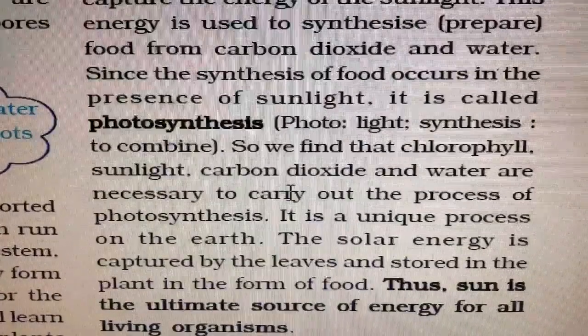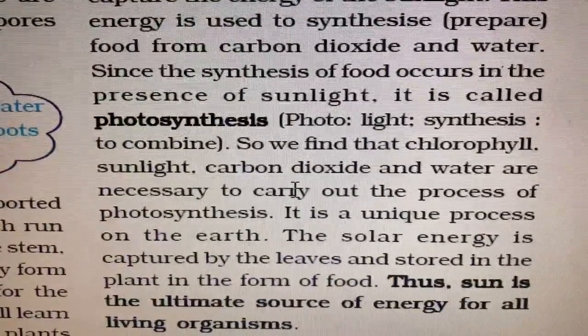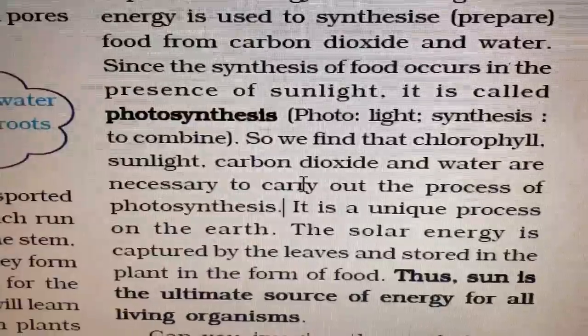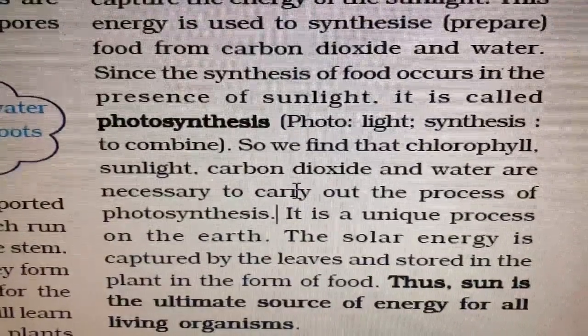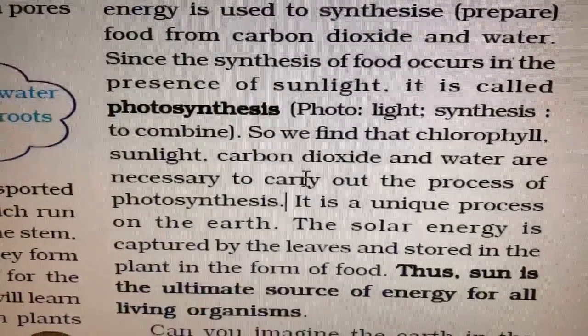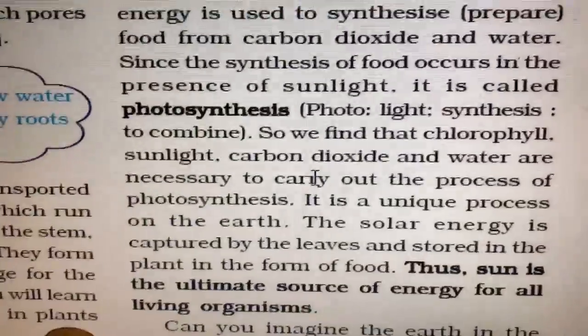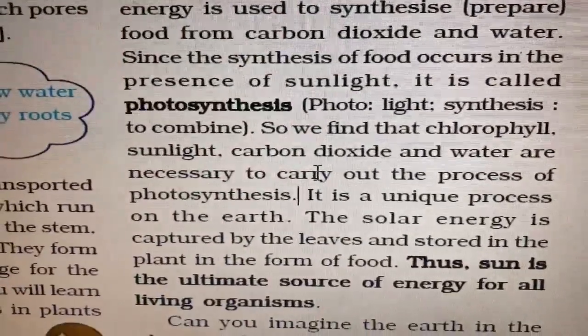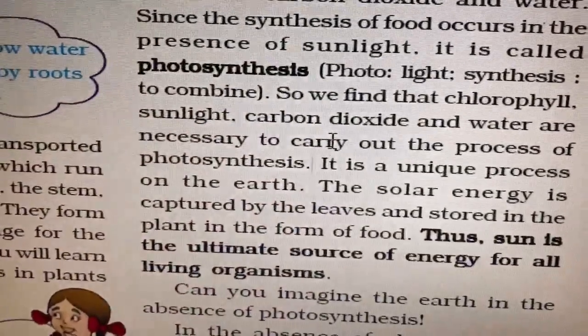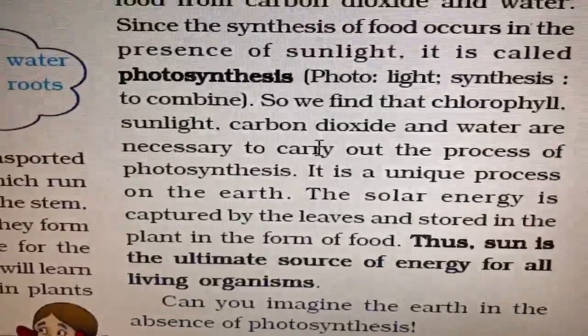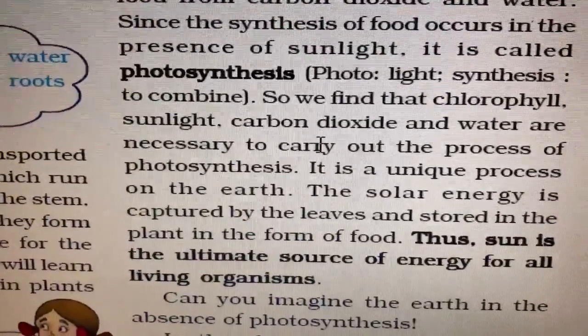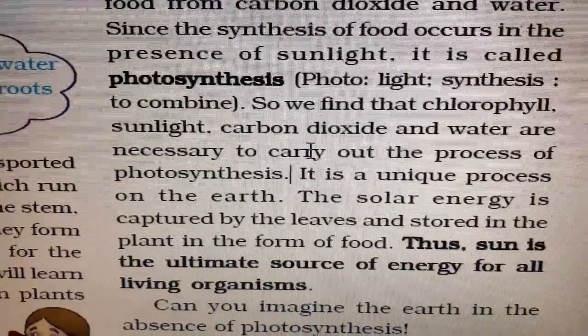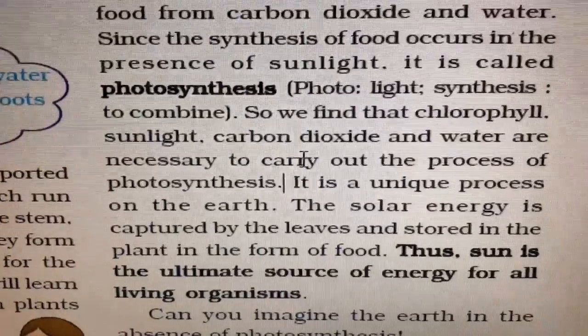These are the necessary components to carry out the process of photosynthesis. In short, you need to remember there are four basic components: sunlight, carbon dioxide, water and chlorophyll, which are very important to carry out the process of photosynthesis.